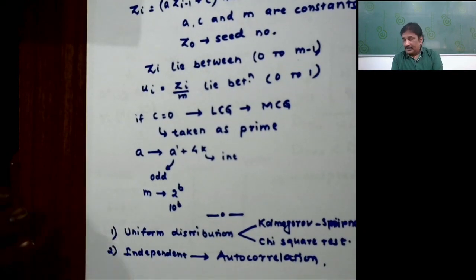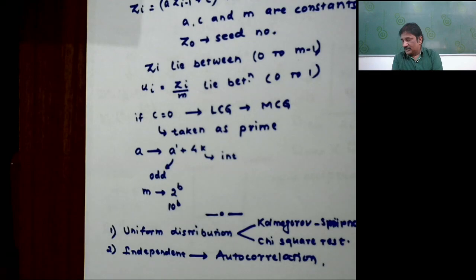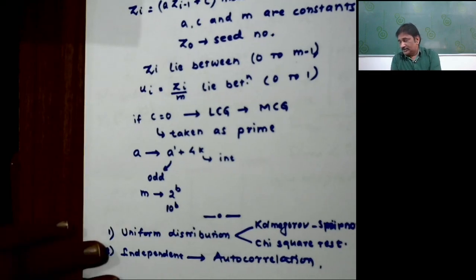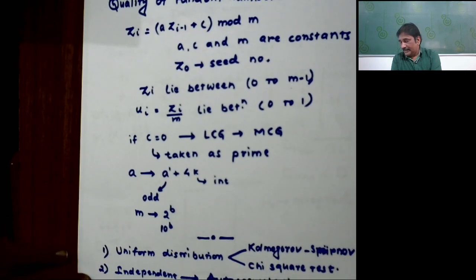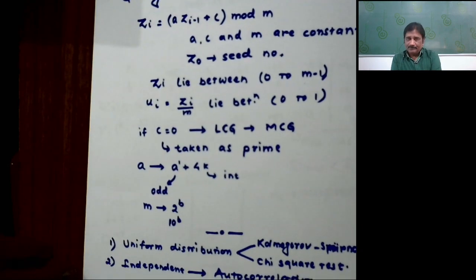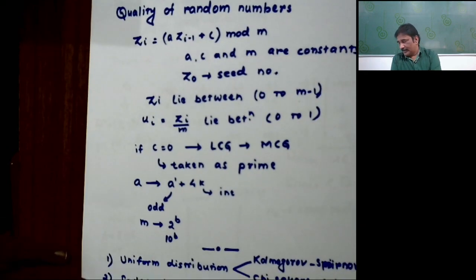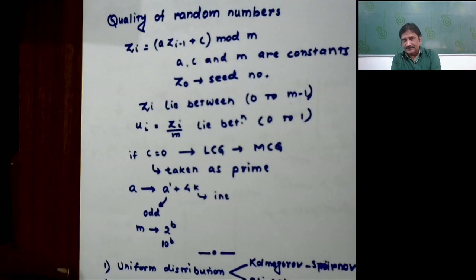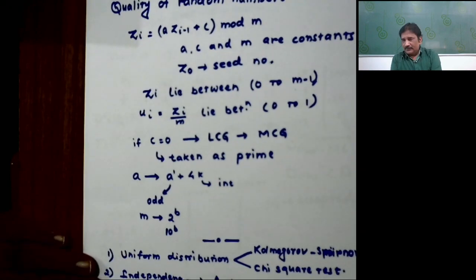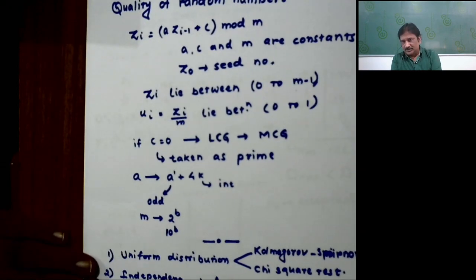Okay, and whether the numbers which have been given to you are random numbers or not, for that you have to verify whether the numbers follow uniform distribution. And there are two ways of knowing whether the numbers follow uniform distribution or not.